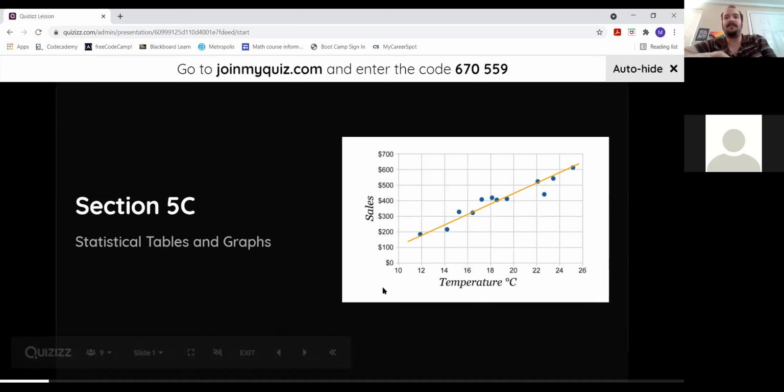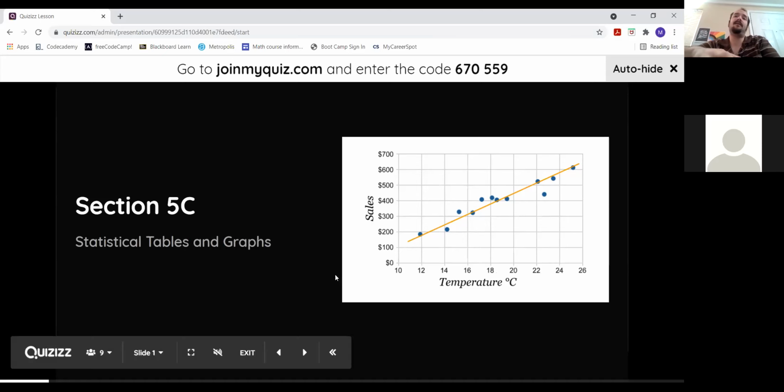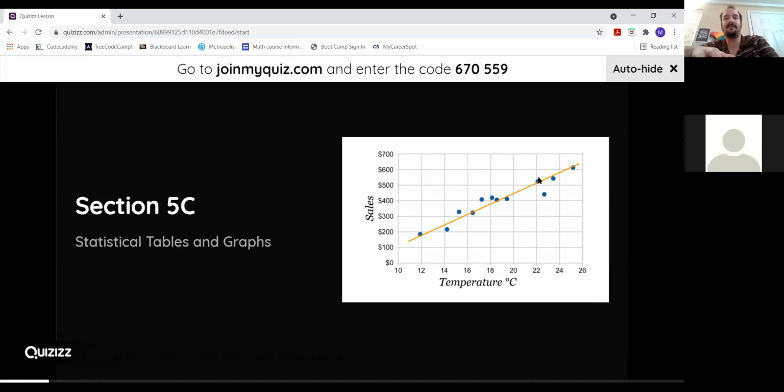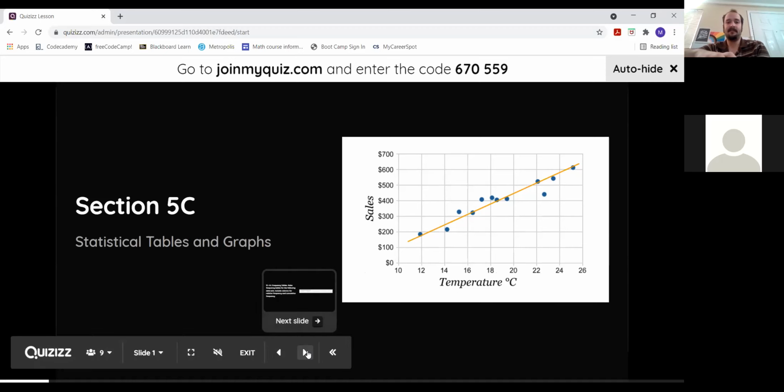This is some sort of scatter plot with temperature and cells. And then they find a line of best fit. There's a big fancy word called regression. If you hear linear regression, it just means you're finding the line of best fit. It's not anything too crazy.